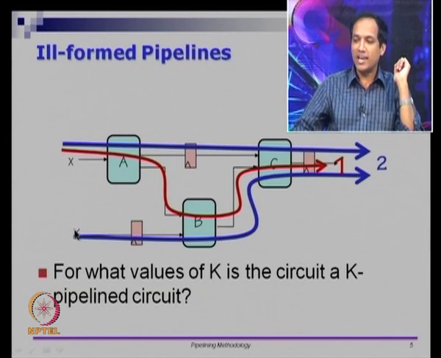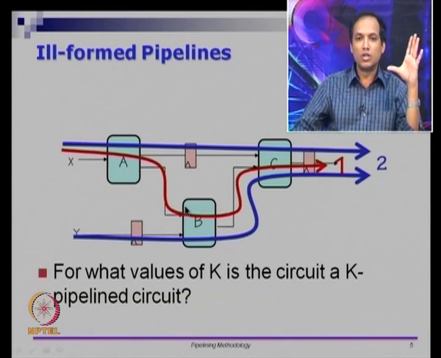So, y goes through one flip flop stage or one pipeline stage and another pipeline stage here. Y also, this blue path for y, is also 2 pipeline stages. However, this red path is going through some combinational logic, some more combinational logic and another combinational logic, and goes through one flip flop.